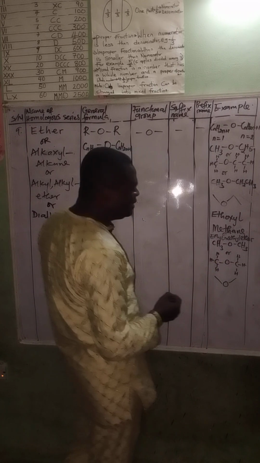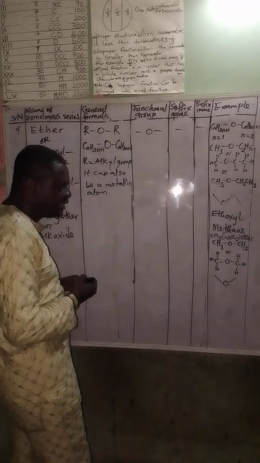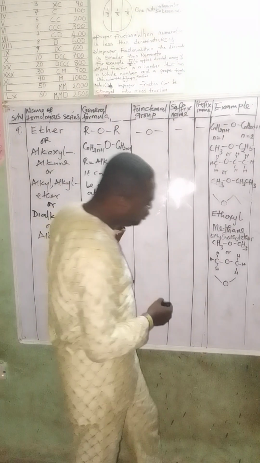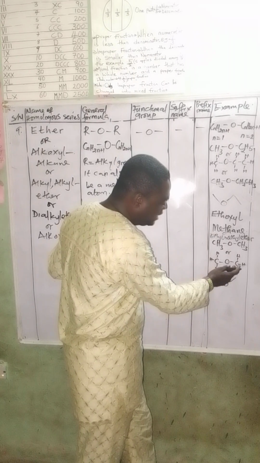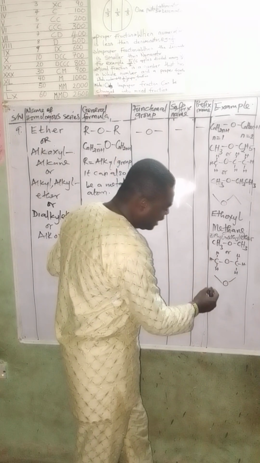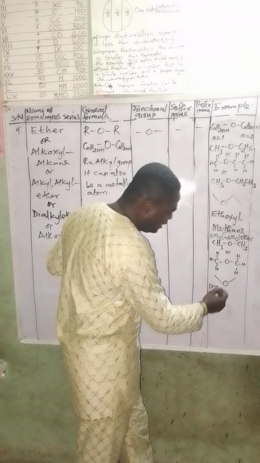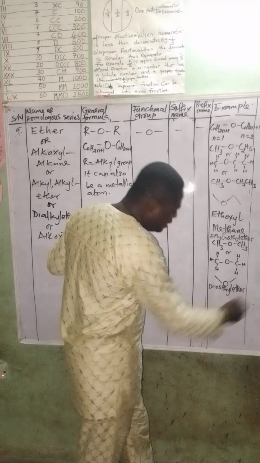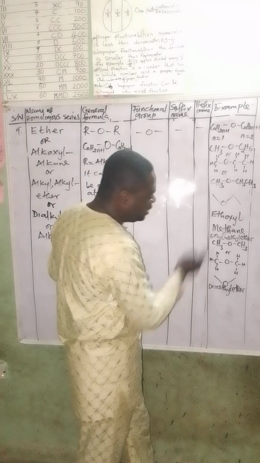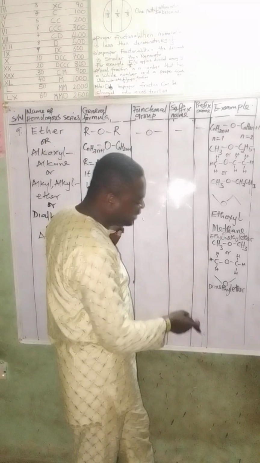So you have ethyl methyl ether. Since it's the same CH3 on both sides, you can use the word dimethyl ether. If it is ethyl, it becomes diethyl ether.